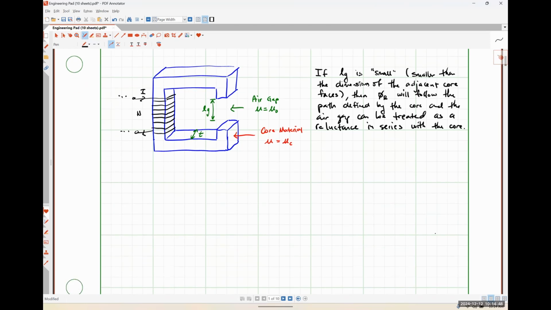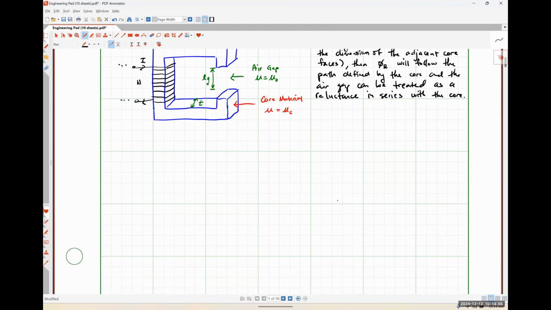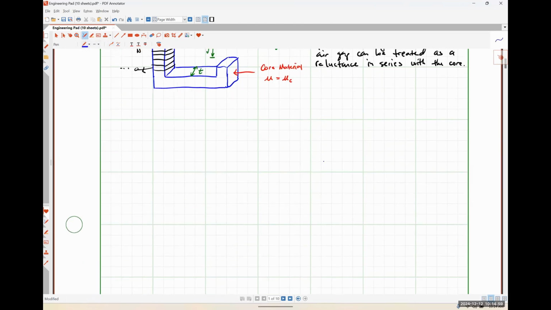So I'm going to draw a picture here, and this is a close-up of what's going on in the air gap, okay? So this is part of our core, like so.